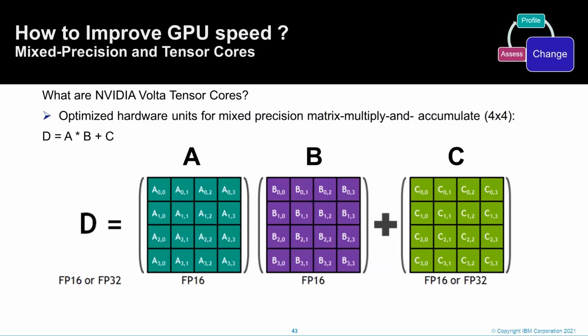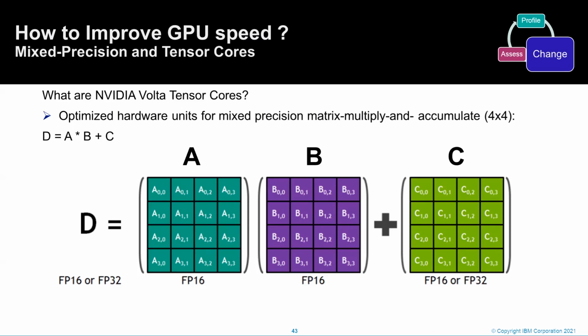All right, so once you have improved your data pipeline a lot and the GPU is getting a lot more utilized, now reaching near 90% average utilization, you can think to speed up the performance a bit more using mixed precision.